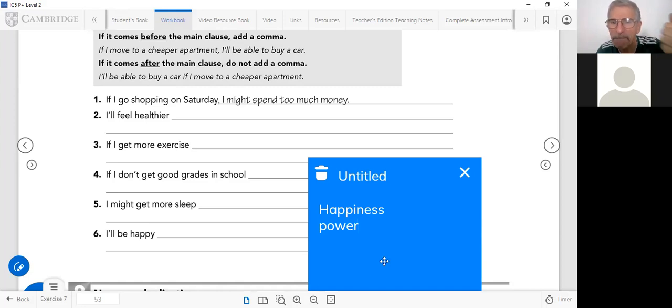In this case, power is the condition, but it is not the description. How would you make a description for power? You will have to add only 3 letters. What are the 3 letters that you have to add to power in order to transform it into an adjective?